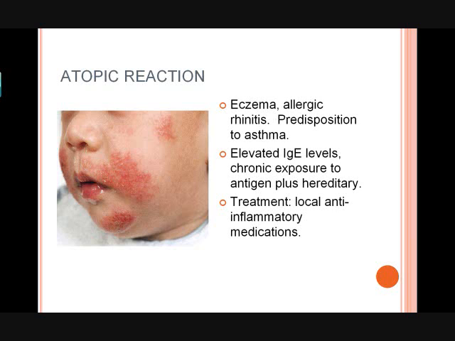Elevated IgE levels, chronic exposure to antigen, plus it could be hereditary. The treatment would be local anti-inflammatory medications, so maybe hydrocortisone cream or something. Page 455 in the text I have written down, so it must be something important about an atopic reaction.